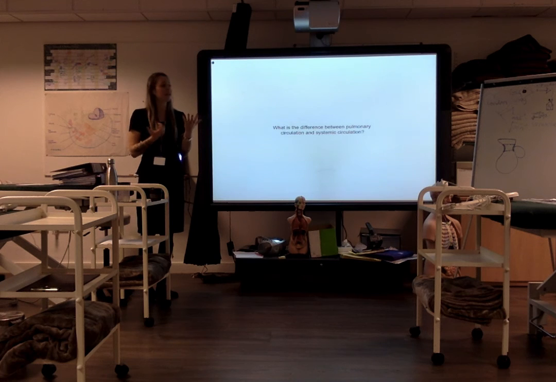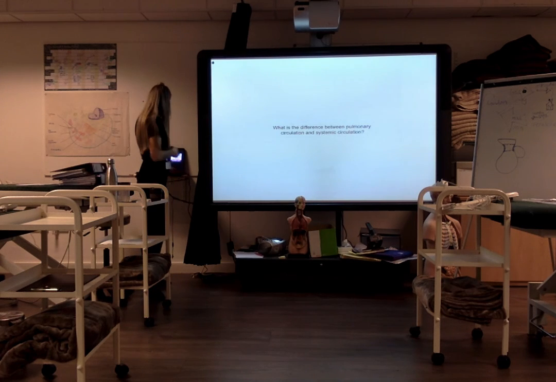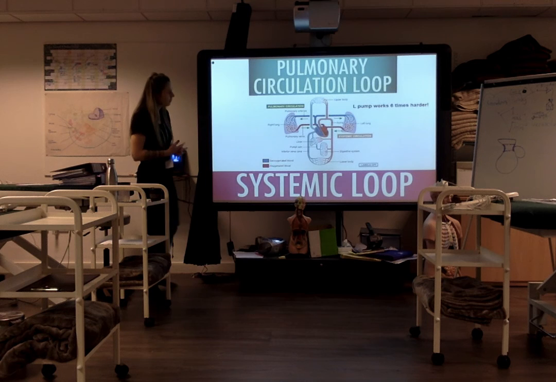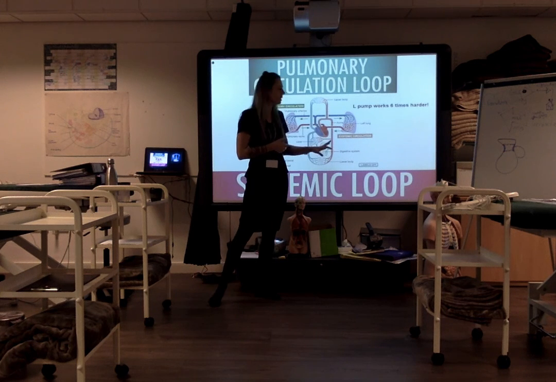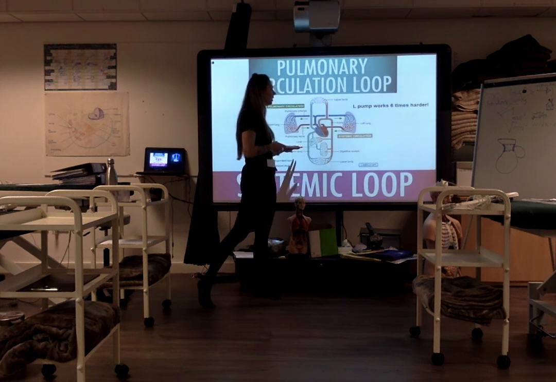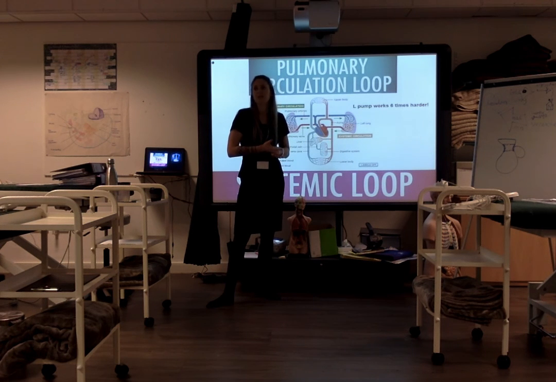So the pulmonary is just heart to lungs, lungs to heart, and your systemic is heart to body, body to heart. So these two systems interplay. We've got the pulmonary circulation loop and the systemic loop. This is what we're going to go over in detail. This is more of a physiology map.